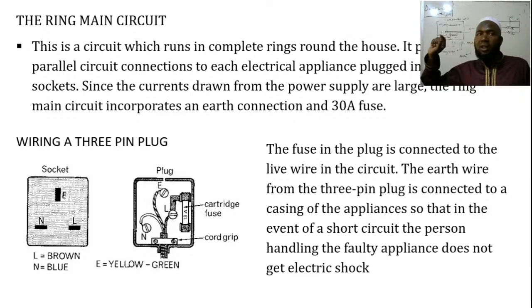From the consumer unit, we connect the wiring for the ring main circuit, for the sockets which they are going to use. And usually the sockets are made of 3 pins, as you are going to see. That takes us to wiring a 3-pin plug.